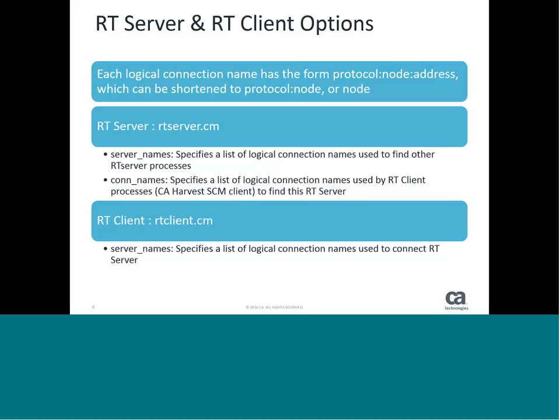It will specify a list of logical connection names with which this RT client will connect. For example, we were discussing an RT server TCP:test:5101. Now let's say I have a client which wants to connect to this particular RT server. Then the server names parameter in the rtclient.cm file will look like TCP:test:5101.